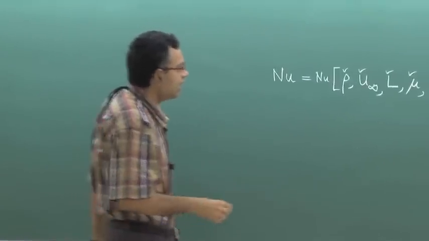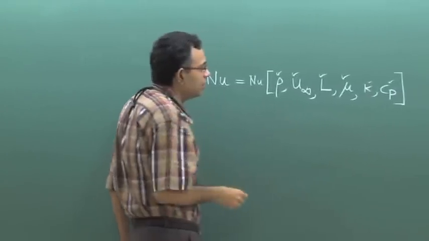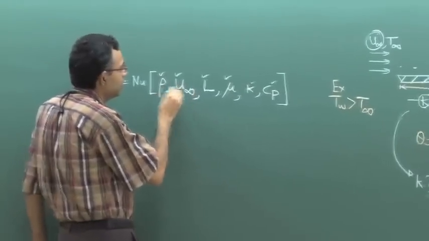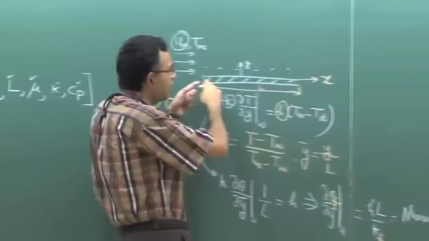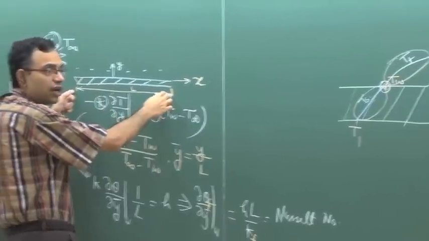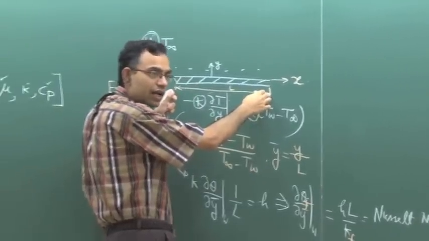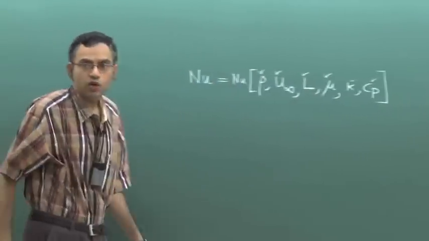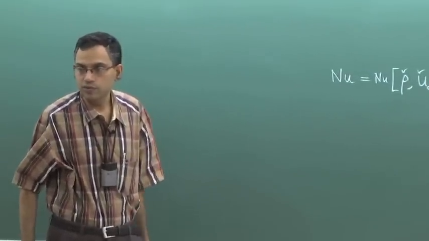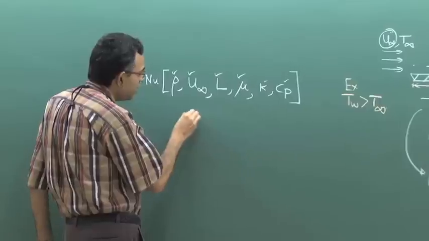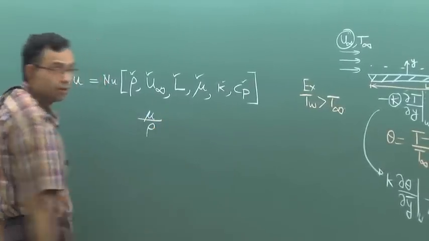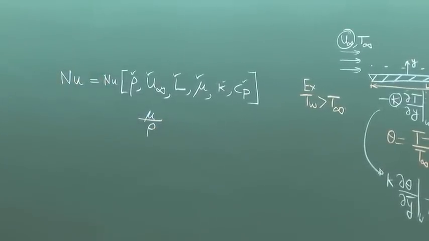Then the other parameter, L, is of course important because the entire characteristic length scale of the problem is governed by the length L. Mu and rho, the combination of mu and rho, what role does it play? It is essentially not mu or rho individually, but mu by rho, which is known as kinematic viscosity.